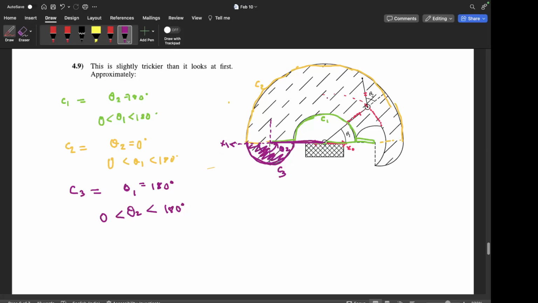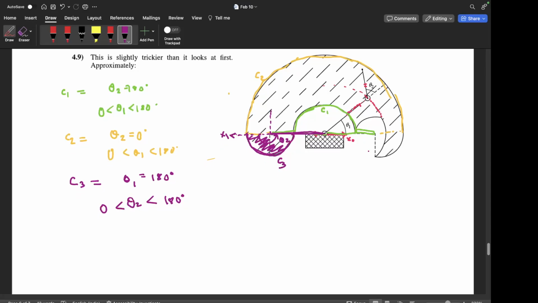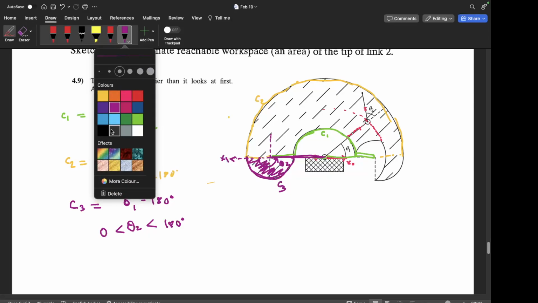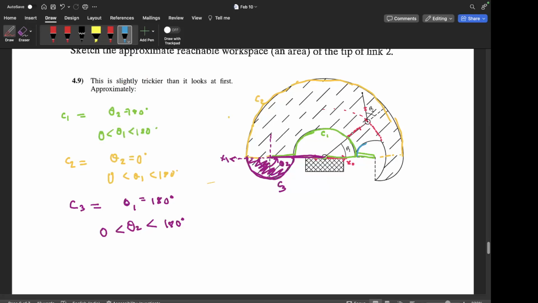most of the parts of the workspace. Now let's come to the right hand part. So right hand part, you see a very unique kind of feature in which we see two distinct curves here. In fact, three curves are there. So let me first mark them. So one curve is this, which I am marking with this sky blue color. This is, let's say, C4.